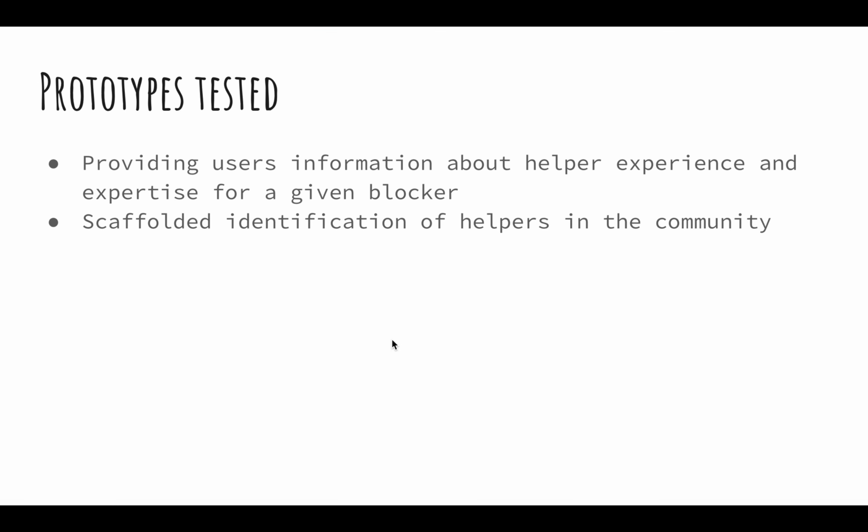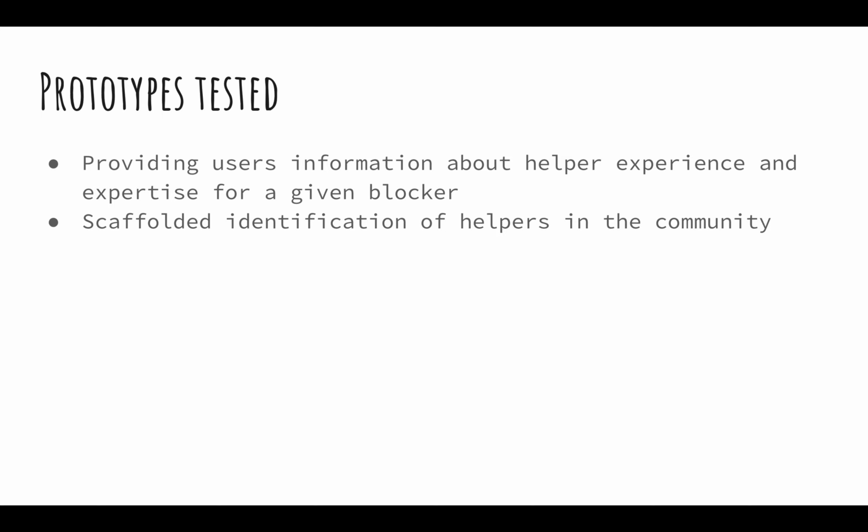So the first prototype tested was just scaffolding help seeking identification. In that process, what we worked on was listing a set of helpers in the community and giving information to users about specific experiences they have.